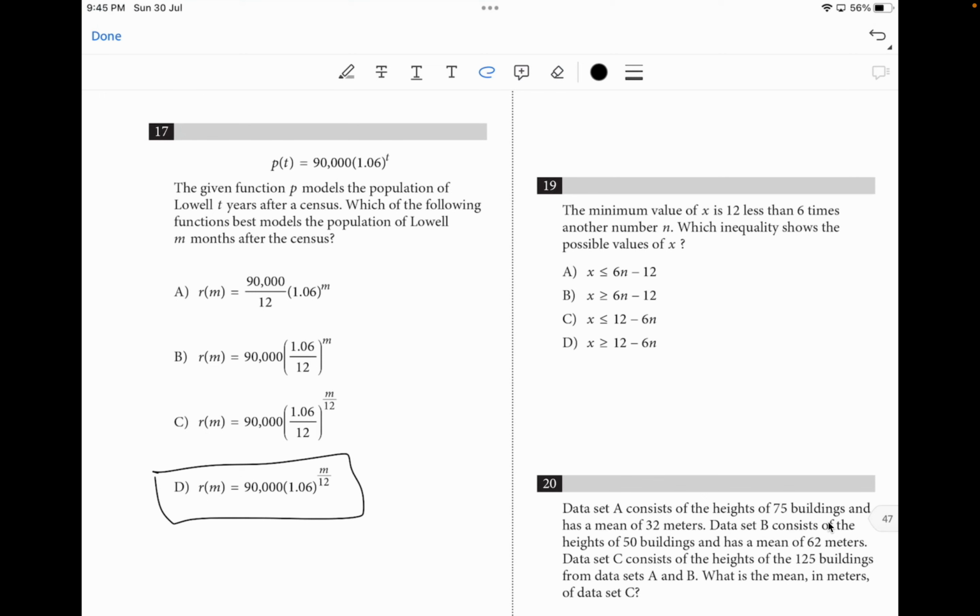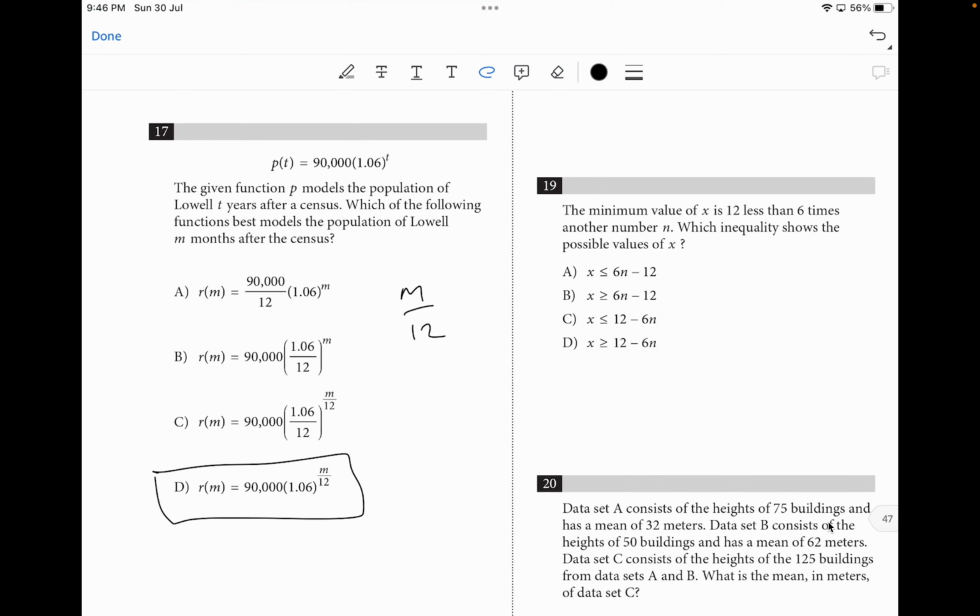The reason why is because it's given that the function P models the population of Lowell T years after a census. Since there are only 12 months in a year, we know that M months after the census is equivalent to M divided by 12 years after the census. So substituting M divided by 12 for T in the equation gives us 90,000 brackets 1.06 raised to the power of M divided by 12.